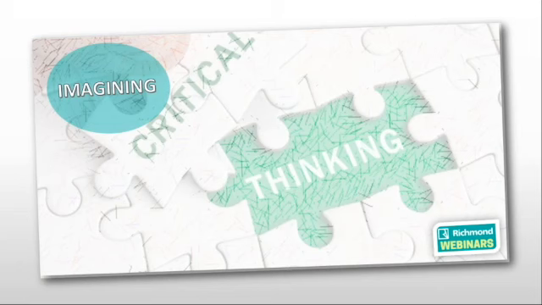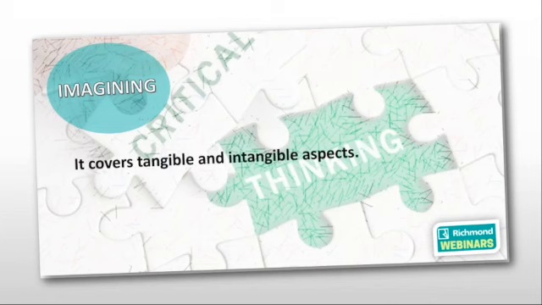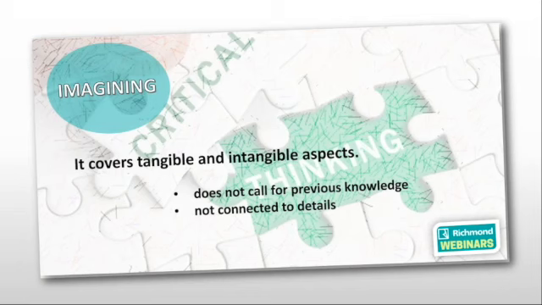Okay, now what would be imagining? Imagining, let's say it covers both tangible and intangible aspects, but it doesn't call for previous knowledge. Yes, it is not connected to details as visualizing was. Imagining is more the moment. So if I tell you, imagine you're driving a car, you're going to imagine your hands on the steering wheel.